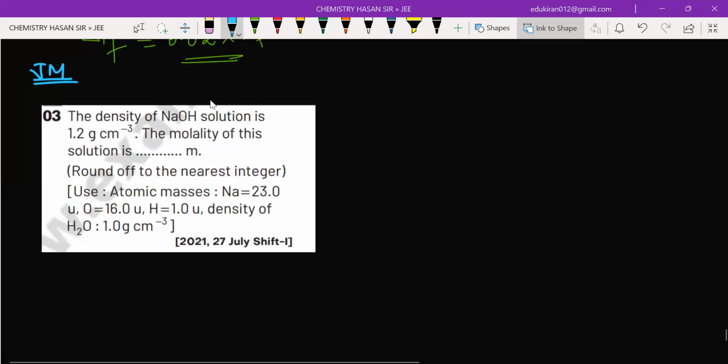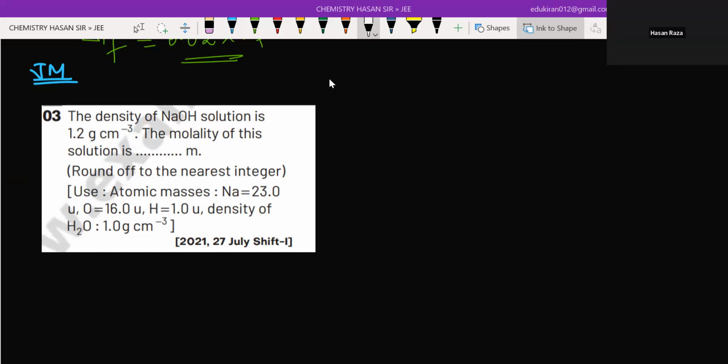Yes, I can explain this. The density. Shahid, any answer? It's very easy. Okay, no problem. See, I'm going to explain it. It's very, very easy.